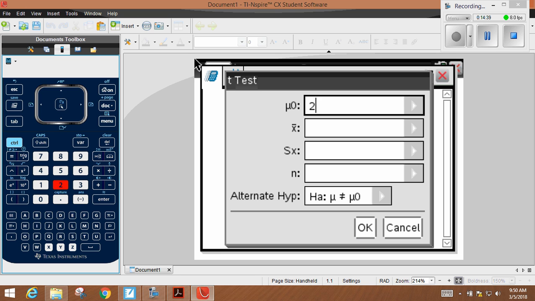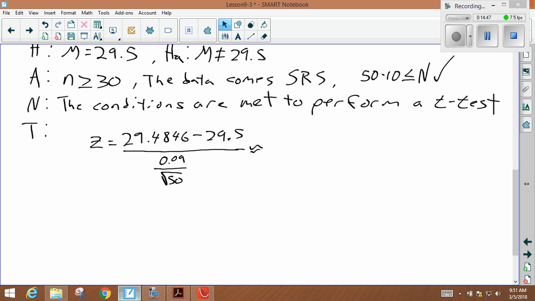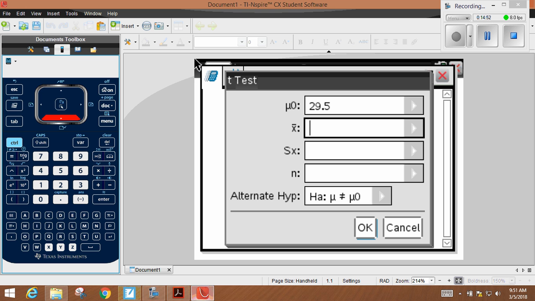And this will be 29.5. X bar from our sample was 29.4846. Our standard deviation was 0.09, and it's 50.